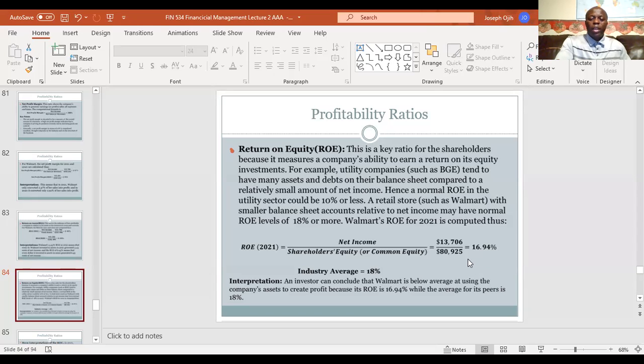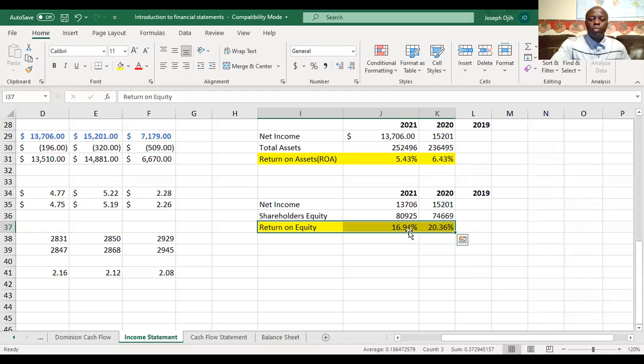In 2021, it has a return on equity of 16.94%, which you can see very clearly in the Excel. 2021, 16.94%. For 2020, 20.36%. So it actually declined, but it's still not a negative value, which is good news in a way.